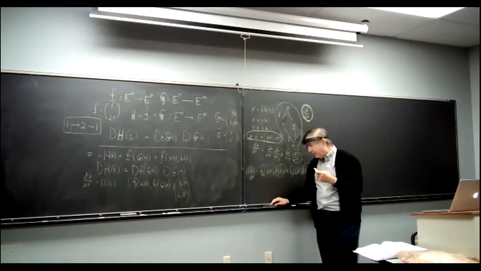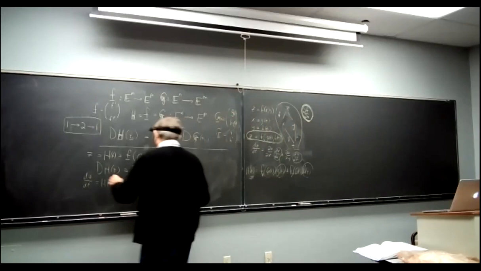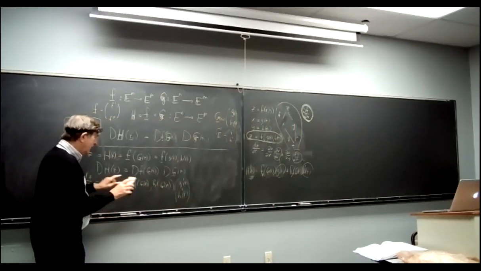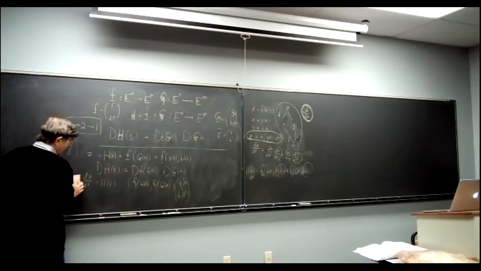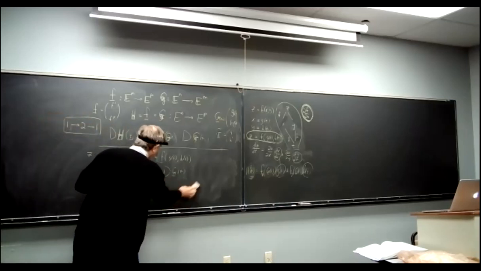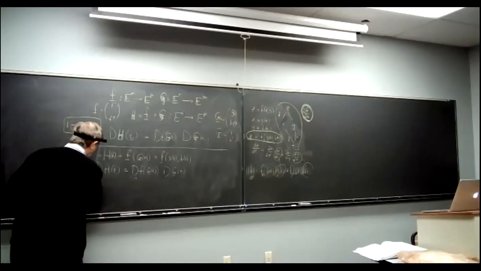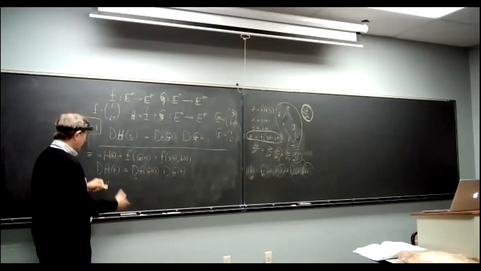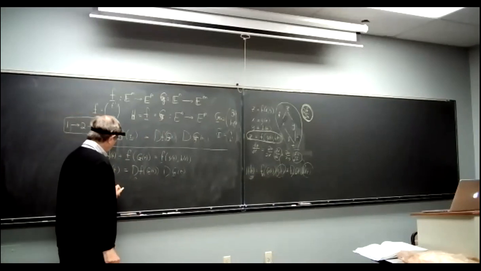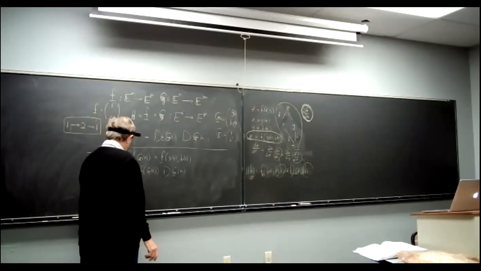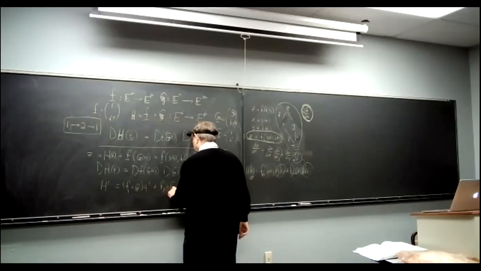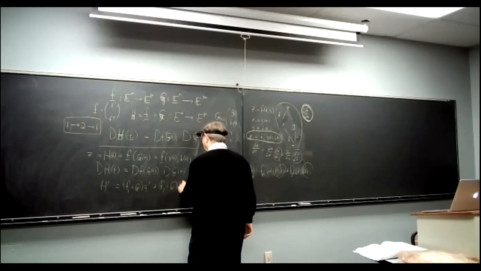So the next thing I want to do is to write this without the t. I've run out of room, so I've erased it here. But if I write this without the t, what do I have? What I have is h prime, in this particular case because it's one variable. This is f sub 1 circle g times g prime plus f sub 2 circle g times h prime.